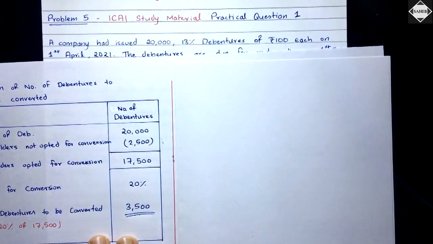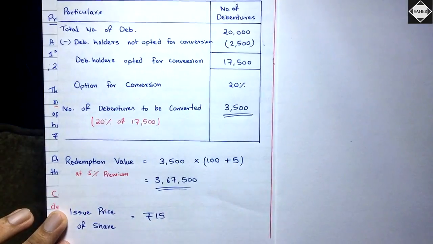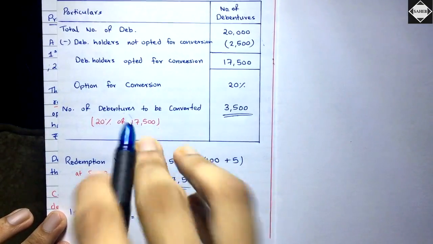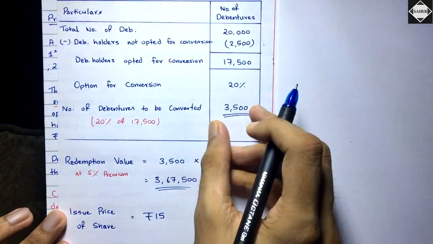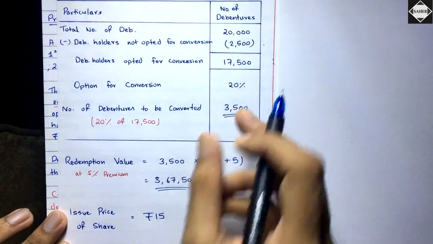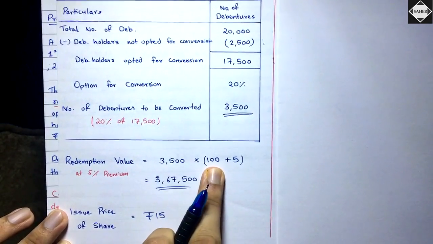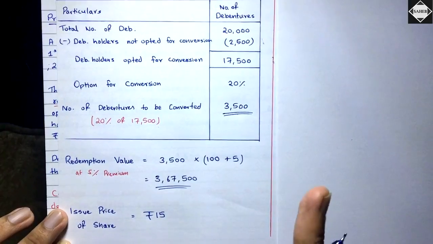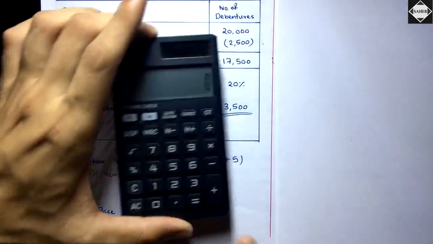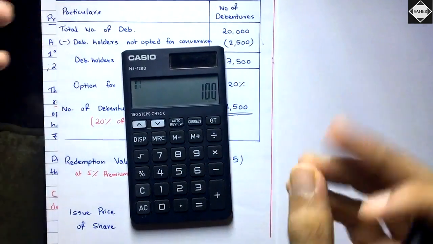So let's do that. See here, redemption value at 5% premium. You all know that. And here we are doing conversion, so only 3,500 debentures will be converted. So you have to take this number of debentures, 3,500, into what? What did I tell you? Redemption value per debenture is 105, isn't it? 100 was the face value. 5% extra we are paying as premium.